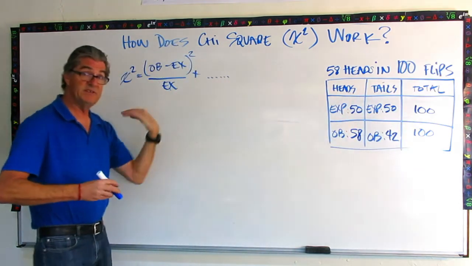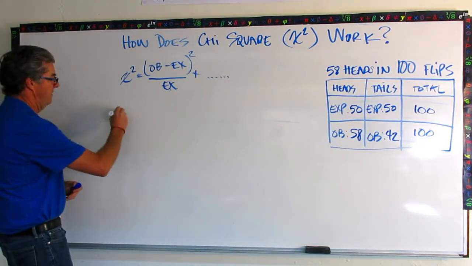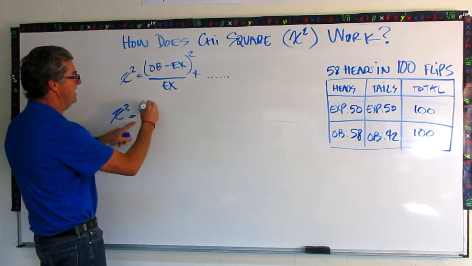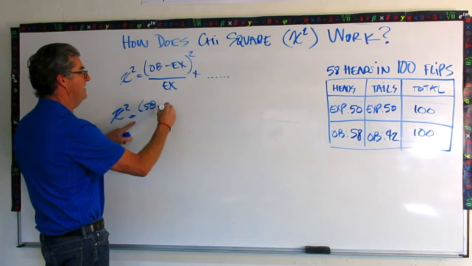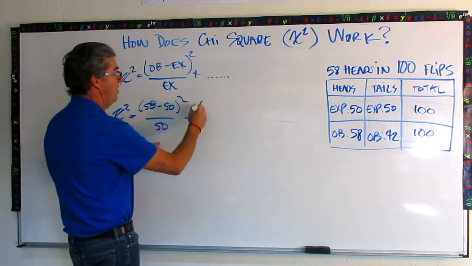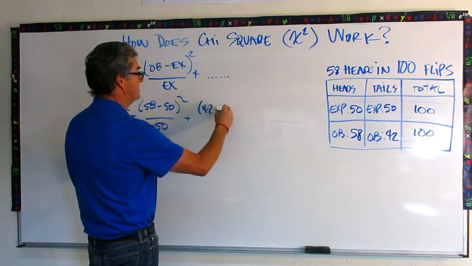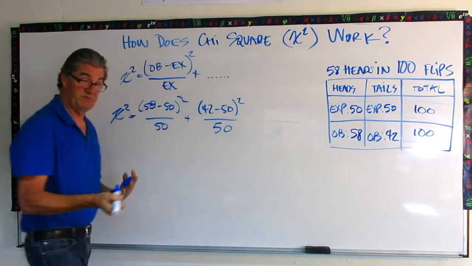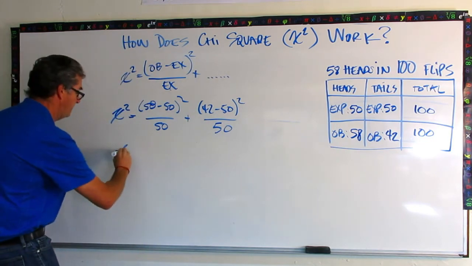So now let's do our plug-in step with our chi-square. So chi-square is going to be observed 58 minus 50 squared over 50 plus 42 minus 50 squared over 50. So far, so good. Let's continue on.